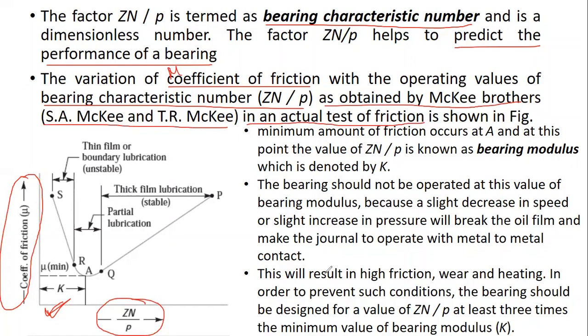That's why if someone tells you what is Mackey's equation, you have seen that in your PSG design data book, 33.25 divided by 10 raised to 10 Zn by P into D by C plus K. So it is mu versus Zn by P. So Zn by P helps us to predict the performance of the bearing.